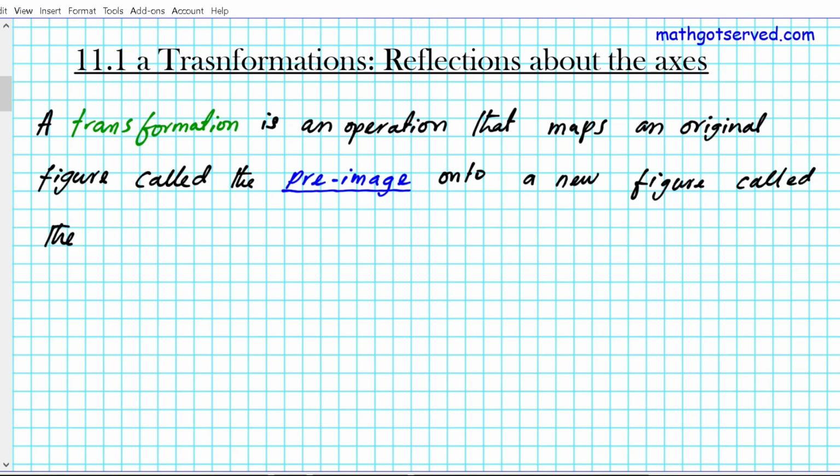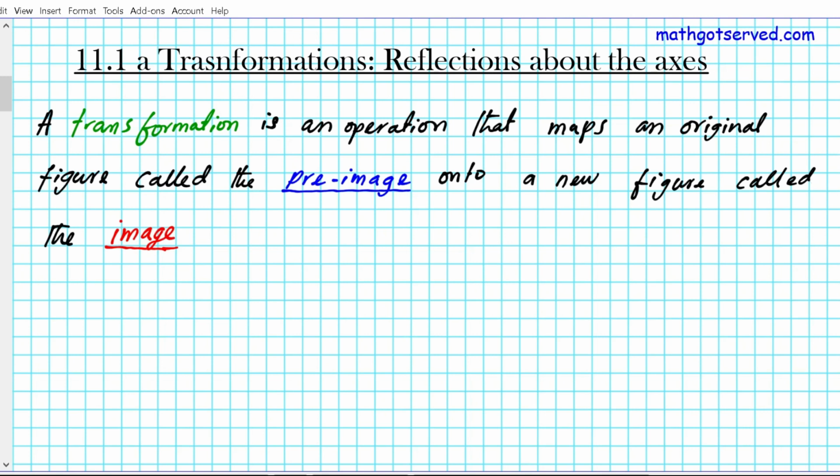So your reflection in the mirror is the image. All right, so that's what the transformation is. It just basically maps a pre-image to an image following a given set of rules.